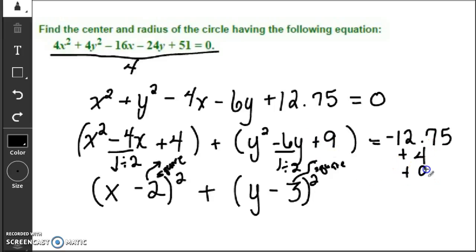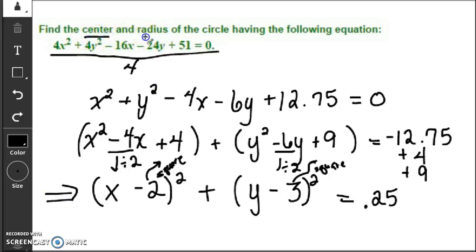So I'm also going to add 9 to this side. So I have a negative 12.75 plus 4 plus 9 gives me 0.25. That is my equation of my circle.